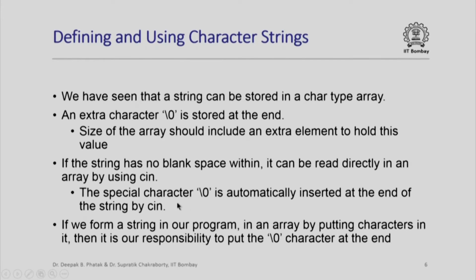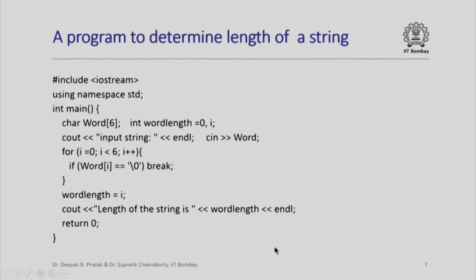On the other hand, if we form a string inside a char type array in our program by ourselves, then it is our responsibility to ensure that a \0 character is inserted at the end. Here is a program to determine the length of a given string. Notice that a string is defined as array word of length 6.